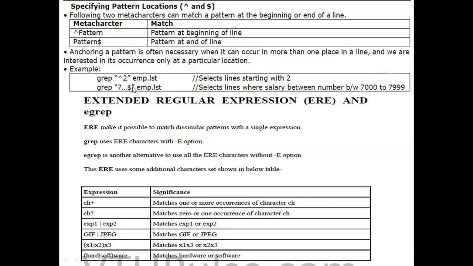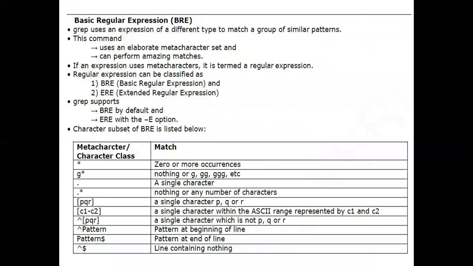The end of the line should be dollar, so the last character is the dollar. So it will select only the salary. It will not select any of the numbers which are not salary. So this is how you can make use of caret and dollar to match for a particular character at a particular location. These are the things you need to remember with respect to basic regular expression.